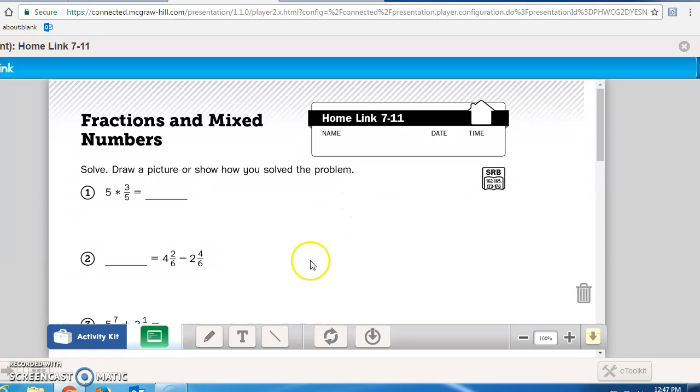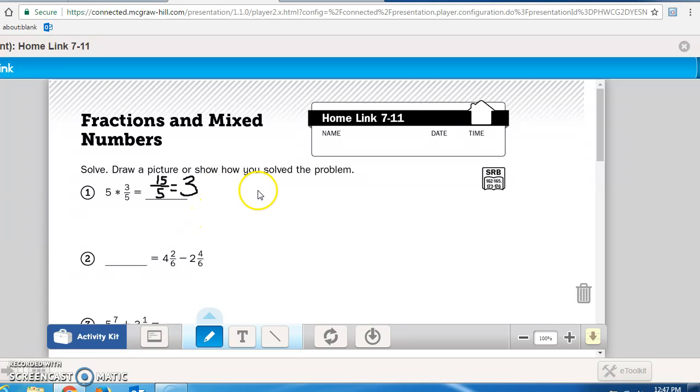So remember, once again, you could just simply multiply and say 5 times 3 is 15. I leave my denominator the same, which is 5. Now really, my fraction here says 15/5, so that's 15 divided by 5, so that equals 3 wholes.